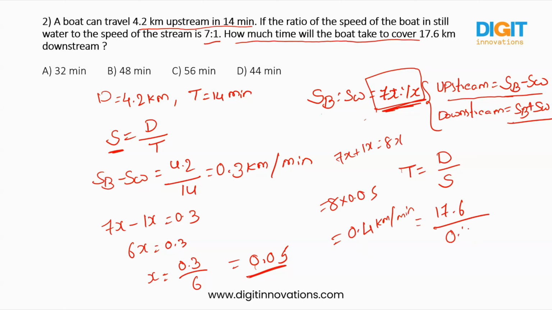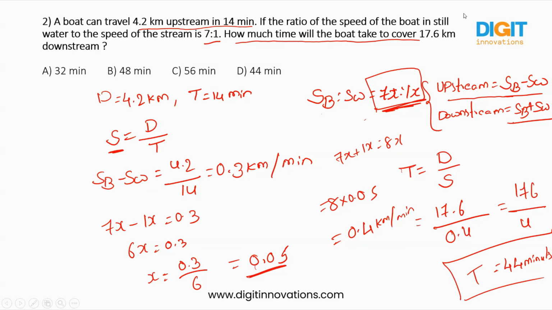To remove the decimal, I calculated in this way, which is 44 minutes. The time it takes is 44 minutes to complete the whole 17.6 kilometers.